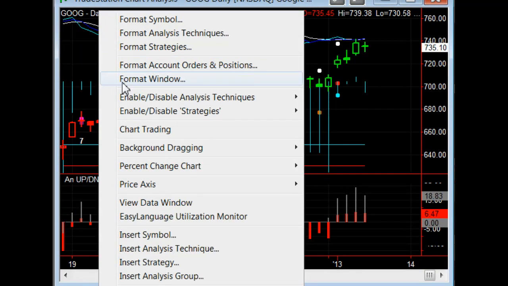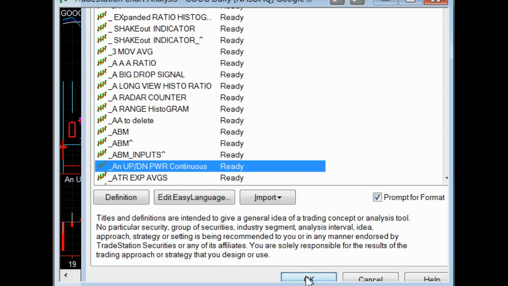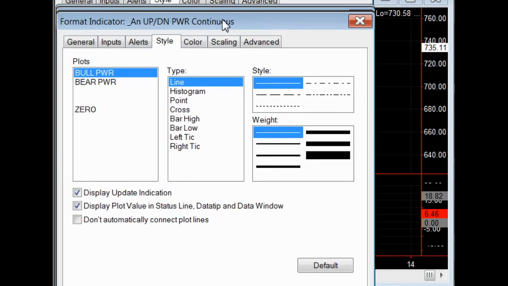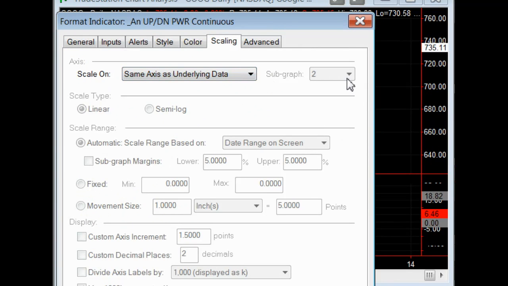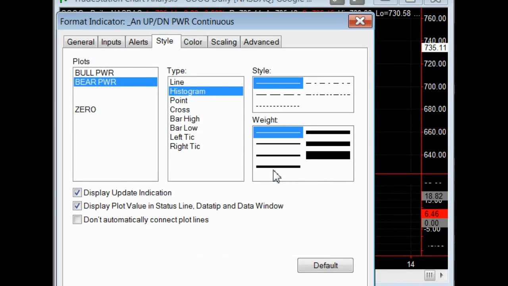I want to insert another exact same thing. So up, down, power. We're going to insert that one. This one we're going to put in a subgraph. No axis first. Subgraph 15. Our style is going to be histogram.